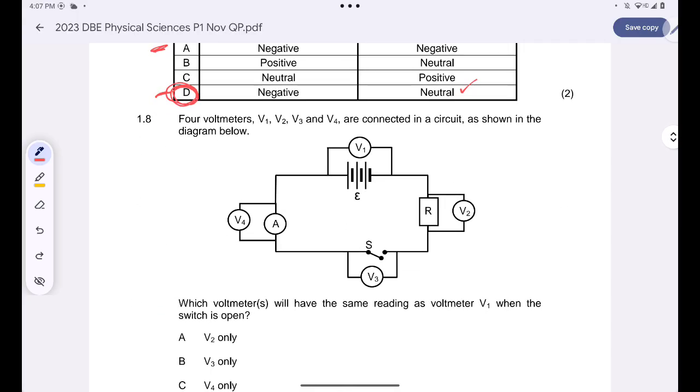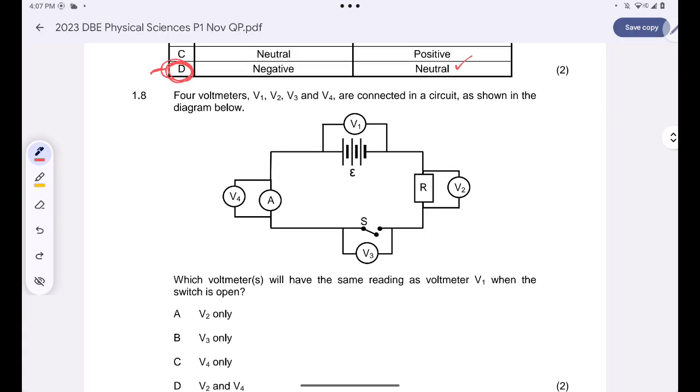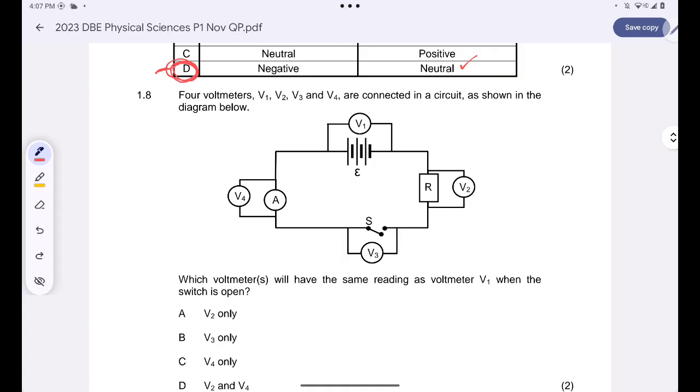Okay, and then now we are told that 4 voltmeters V1, V2, V3, and V4 are connected in a circuit as shown in the diagram below. Which voltmeters will have the same reading as V1 when the switch is open? Whenever the switch is open, only V3 will have the same voltage as V1.